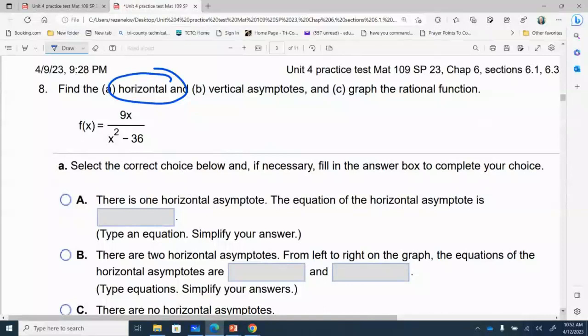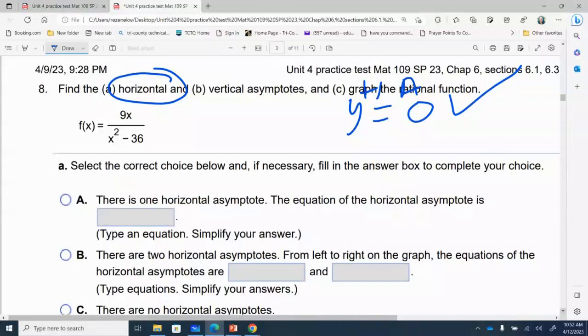So there is a horizontal asymptote, and the horizontal asymptote is y equals 0. So HA is present, and it is y equals 0.